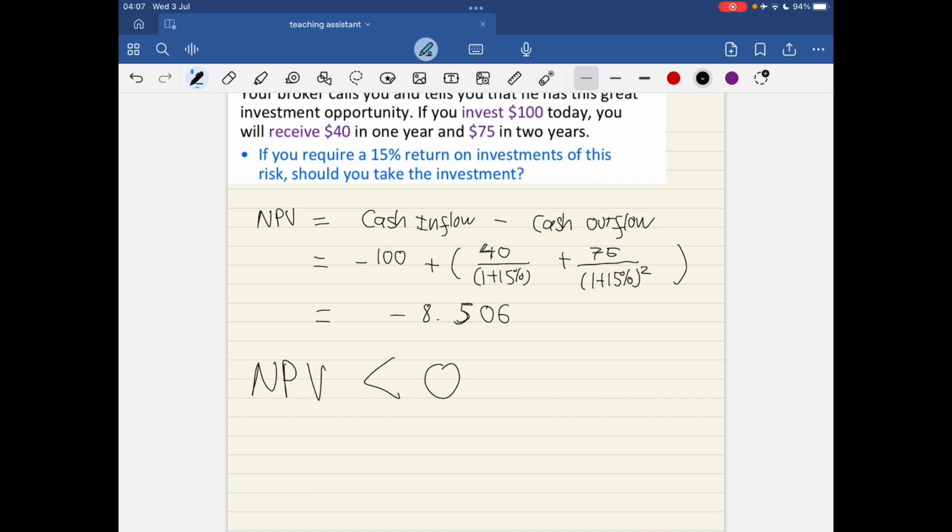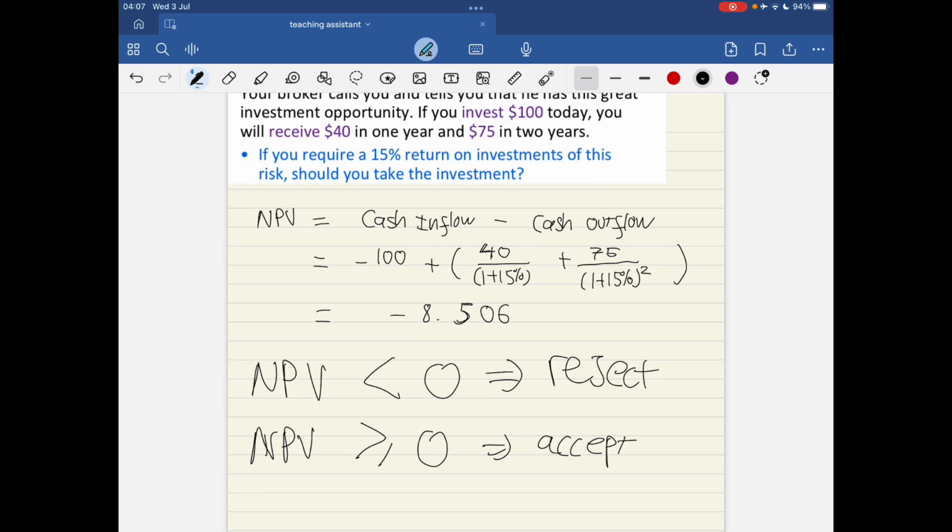It means that you put money in, and instead of receiving a good return, you do not even make money. So you reject this investment. In which case will you accept and take the investment? You only take it if the NPV is larger than or at least equal to 0. You will accept. But for this exercise, it's a rejection.